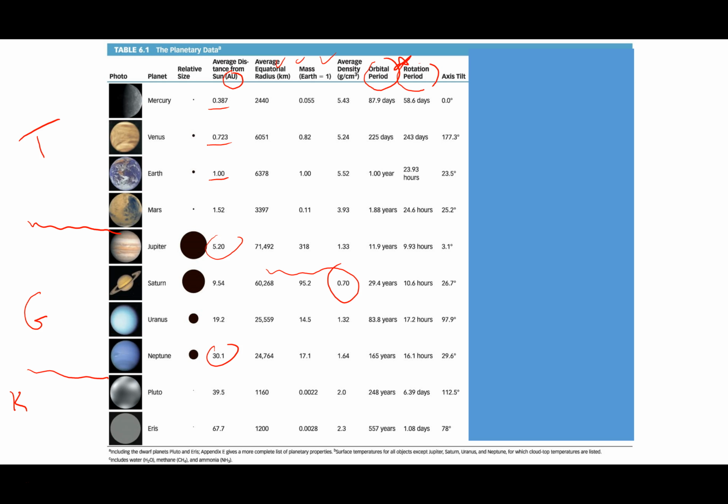What do you think? I'm thinking Venus. So it takes 243 days for it to complete one spin. Now those are Earth days. So that's craziness.